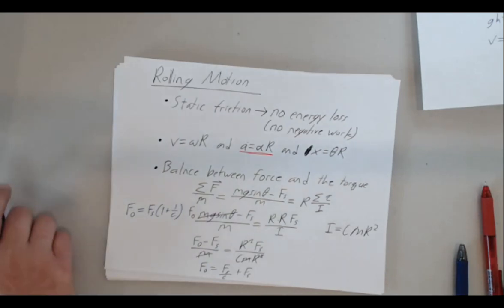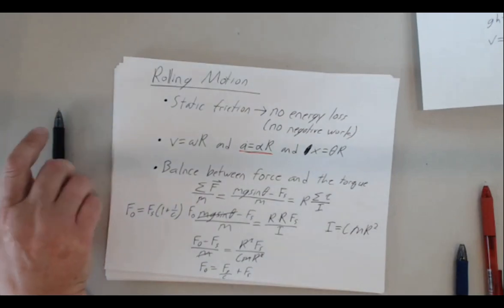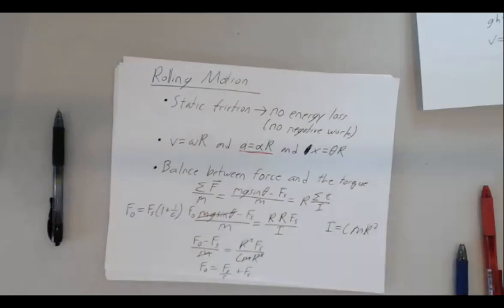So let's go back to our example with the ball rolling down the hill. Anybody know off the top of their head what C is for a sphere? Sorry, for a thin spherical shell? One. For a ring, it's 1. But for a spherical shell, it turns out it's not. So here's what I want you to do. I want you to open up a new tab, and I want you to Google moment of inertia, thin spherical shell.